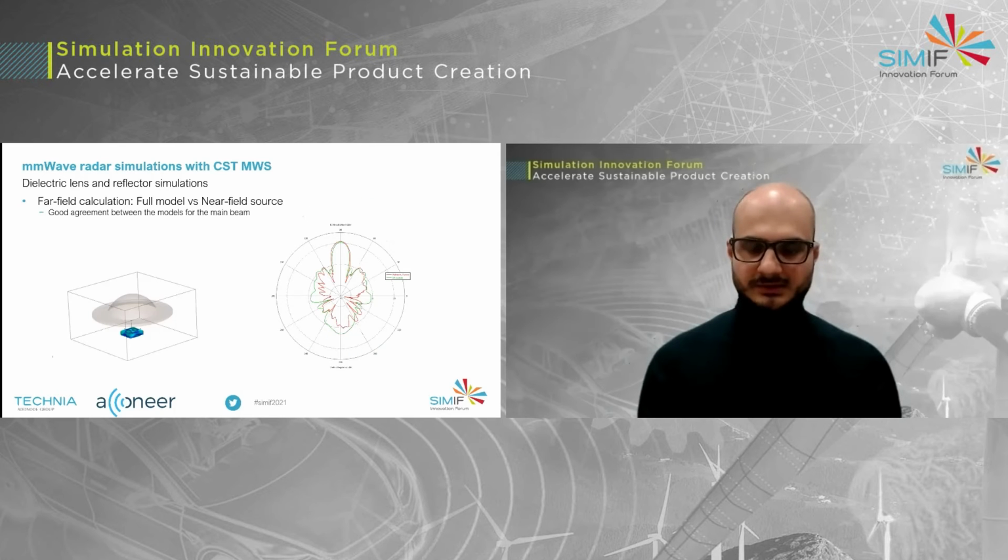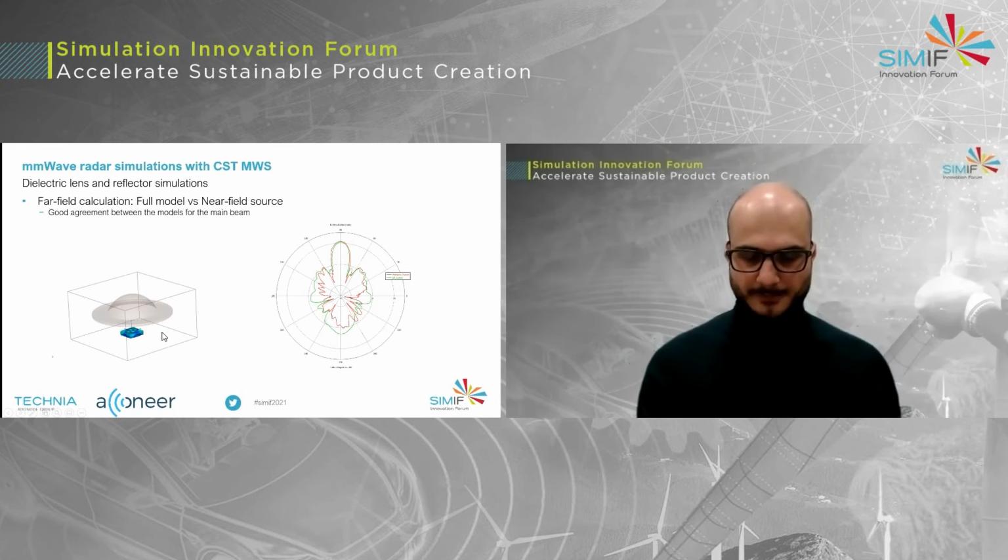And to build confidence, here we made a comparison between using a full model and a near field source model. On the left figure, we have a box which represents a near field source, and on top we have a hyperbolic lens.